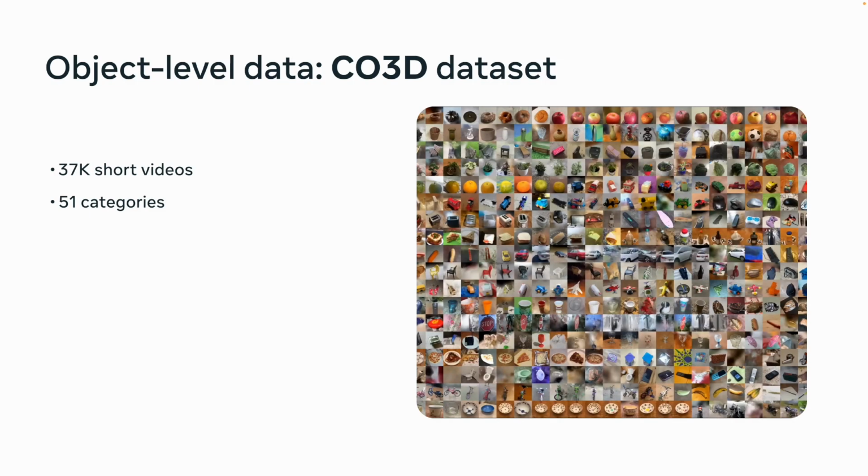Let's next look at some experiment results. For object reconstruction, we train MCC on the Co3D dataset, which contains 37 short videos from 51 categories. We emphasize that we do not train category-specific models with MCC, but instead, we train only one model on all data from all categories.